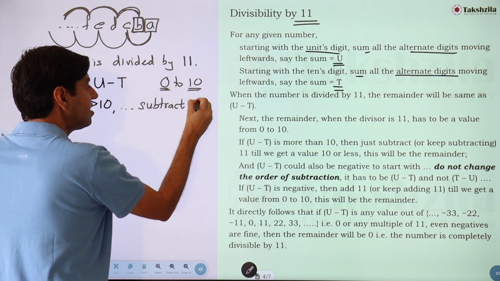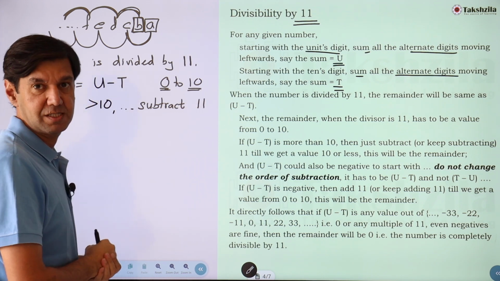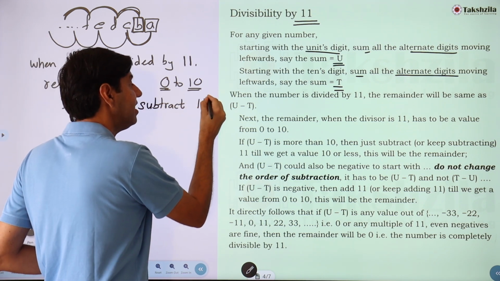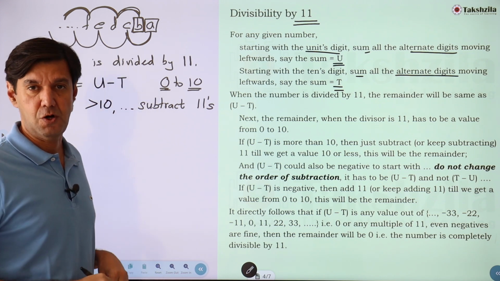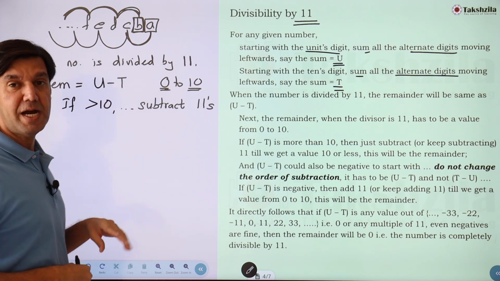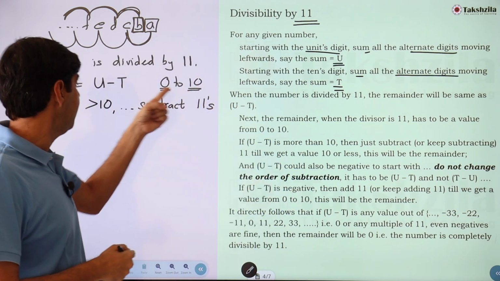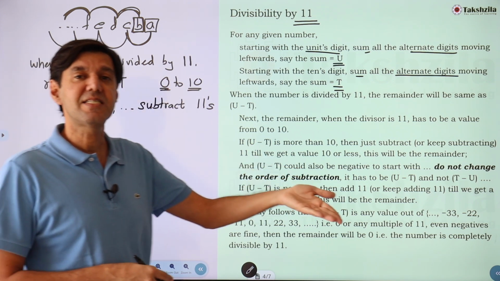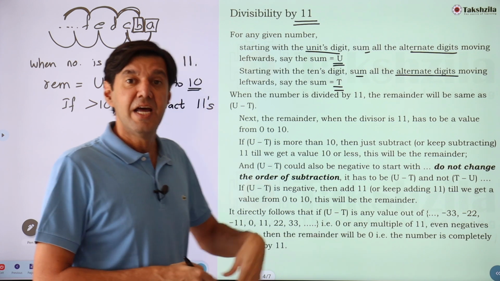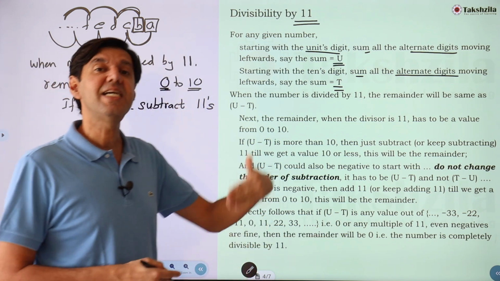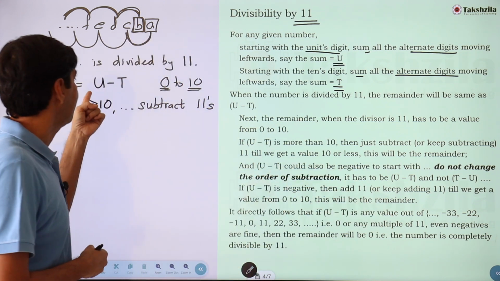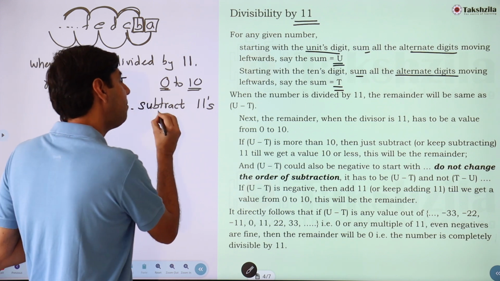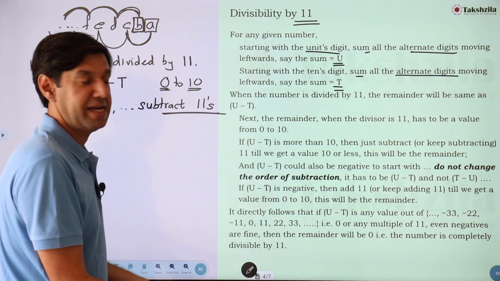And sometimes just subtracting 11 won't work. So you subtract 11s, as many 11s as you want. So for example, if U minus T is 30, now 30 is a very large number. It can't be the remainder. So 30 minus 11, 19. 19 is still larger. 19 minus 11, 8. That will be the answer. So you keep subtracting 11s.